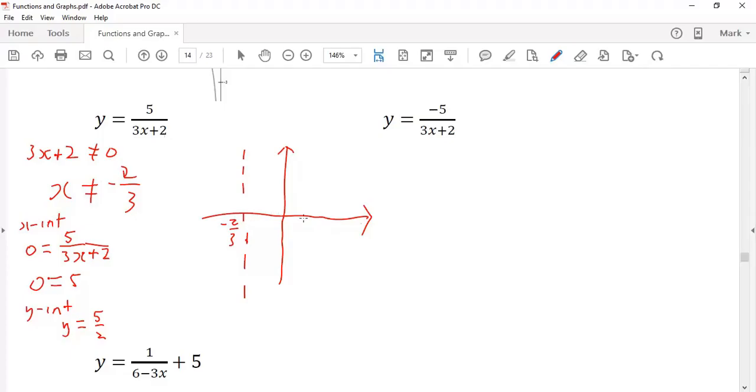So it's shifted the asymptote to the left. So it's left negative 2 over 3. We can tell that this is a positive graph, so it will be in the same quadrants as the positive version. And we know that it cuts at 5 over 2 on the y-intercept. So the graph's just going to look like that.